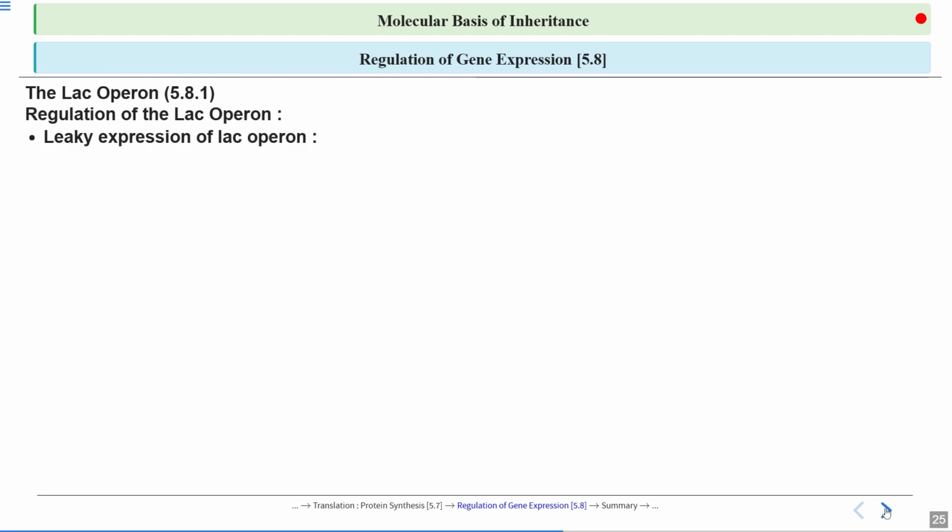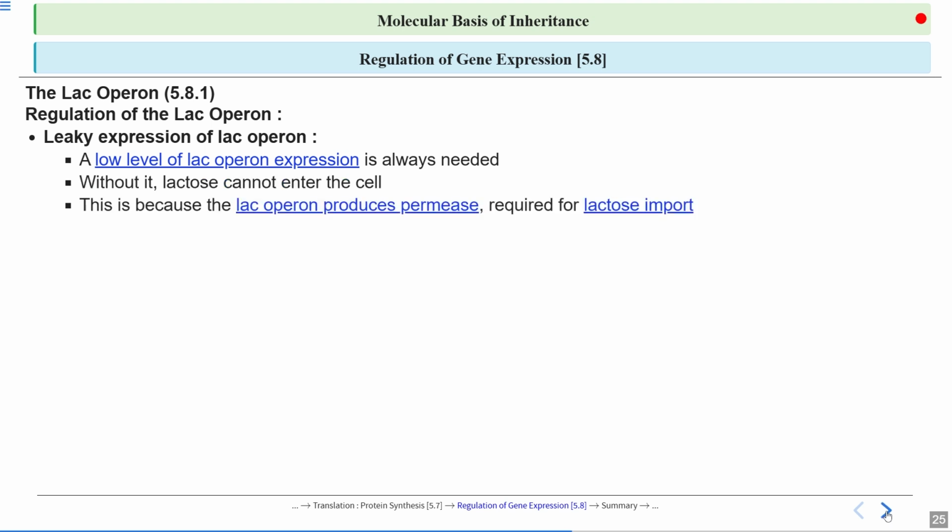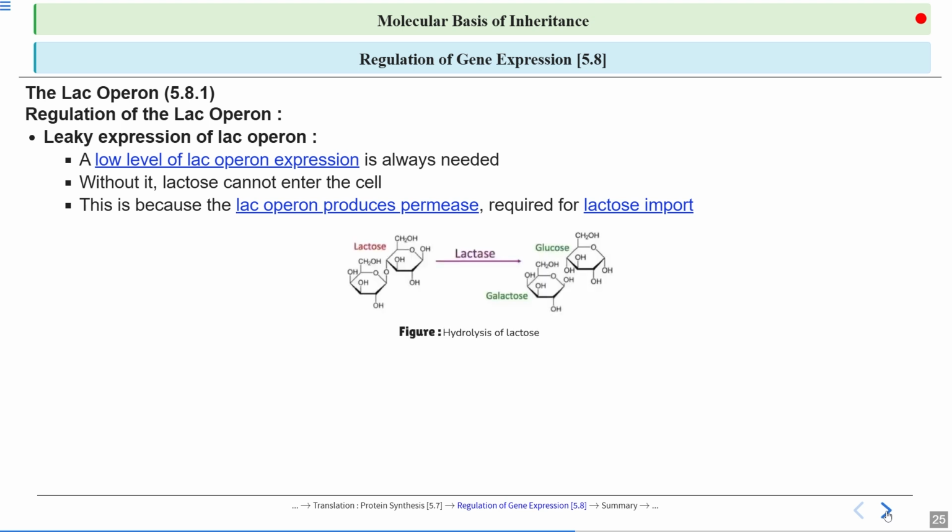Then if we talk about the Y gene, what does it do? Leaky expression of the lac operon: a low level of lac operon expression is always needed.